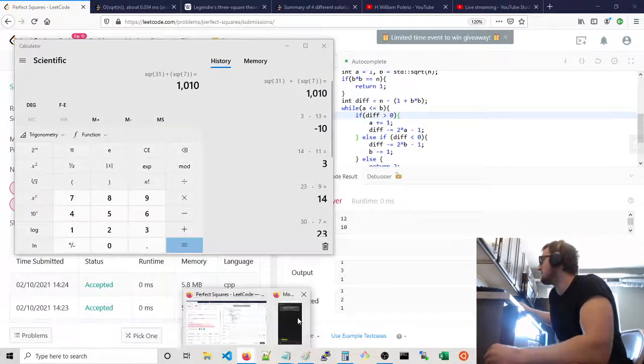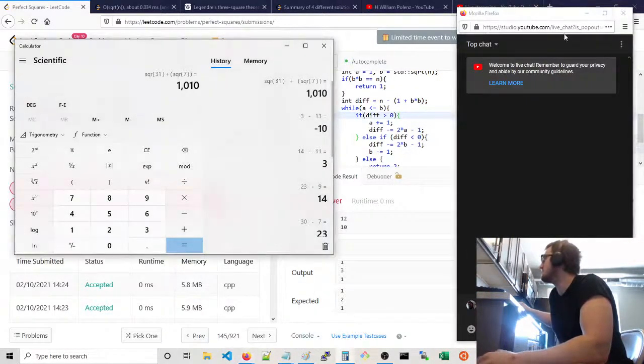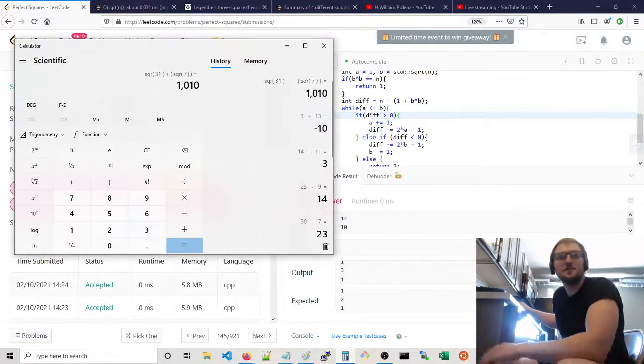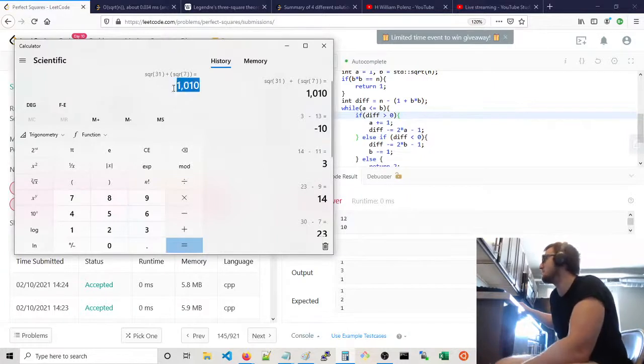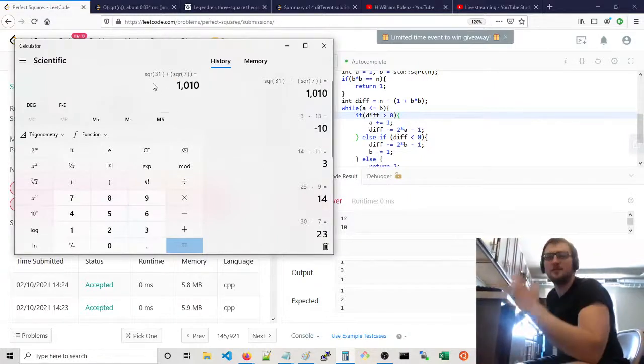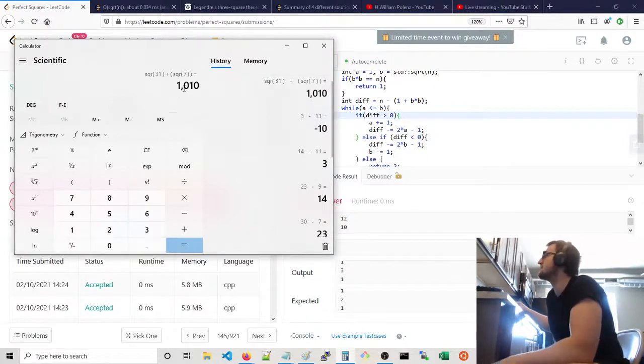Forget it. This would take me forever. This would take me ages to do this whole routine here. I would not be able to handle it. The 5-minute solution that I wrote, I would be able to get no problem, but this is so beyond what I'd be able to do in a few minutes. Obviously, it's taking me hours now to mess around with all this. Yes, this is correct. It's 31 squared plus 7 squared.